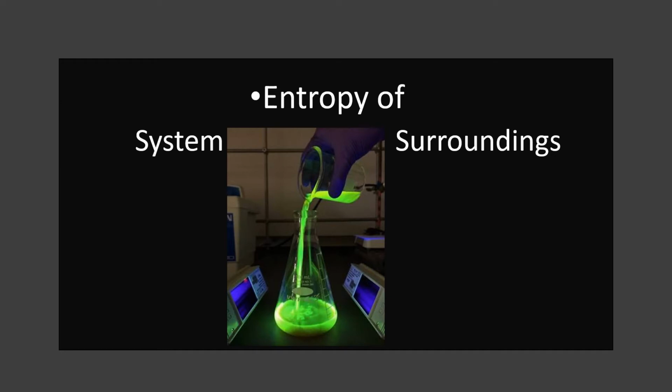System usually refers to the reaction mixture, that is, the species that are taking part in the reaction, which is sort of that glowing fluorescent green mixture that you see on the slide. While the surroundings is everything else there, or rest of the universe if you like. In practice, it means the reaction vessel, like test tube, beaker, or even the air in the laboratory.